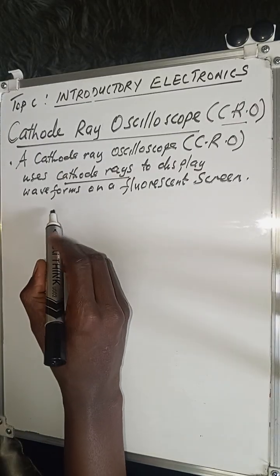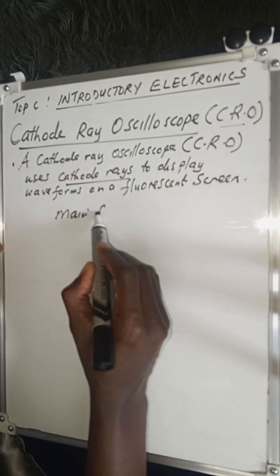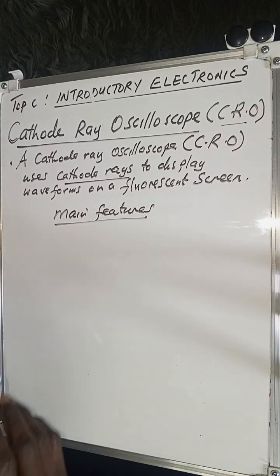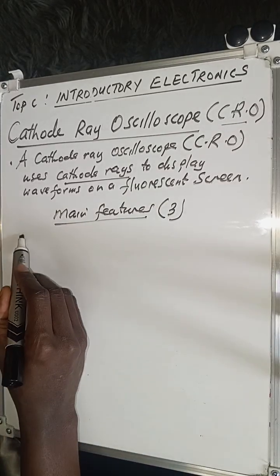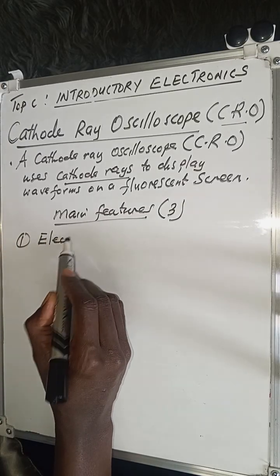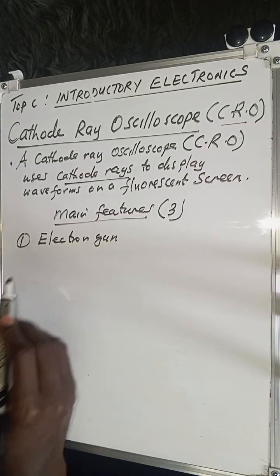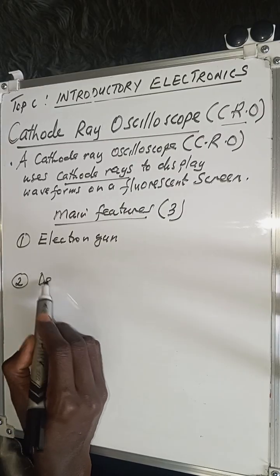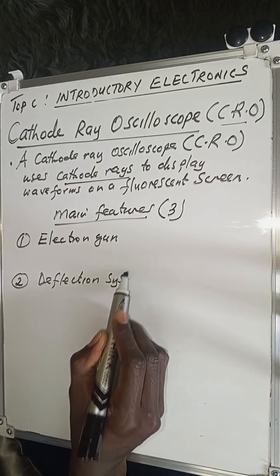So now, what are the main features of a CRO? There are three main features that you need to remember in a CRO. One, what we simply call an electron gun. I'll talk about that in a short while. Two, the deflection system.